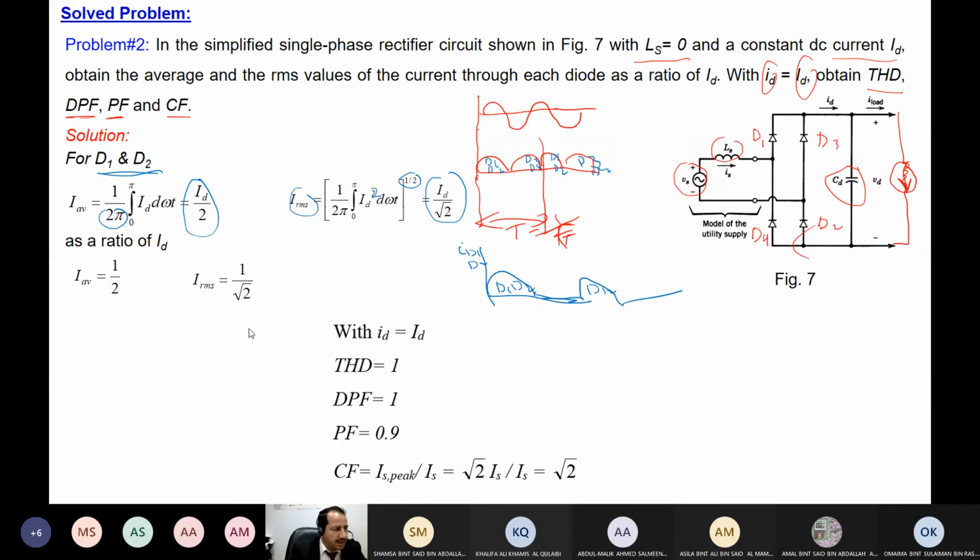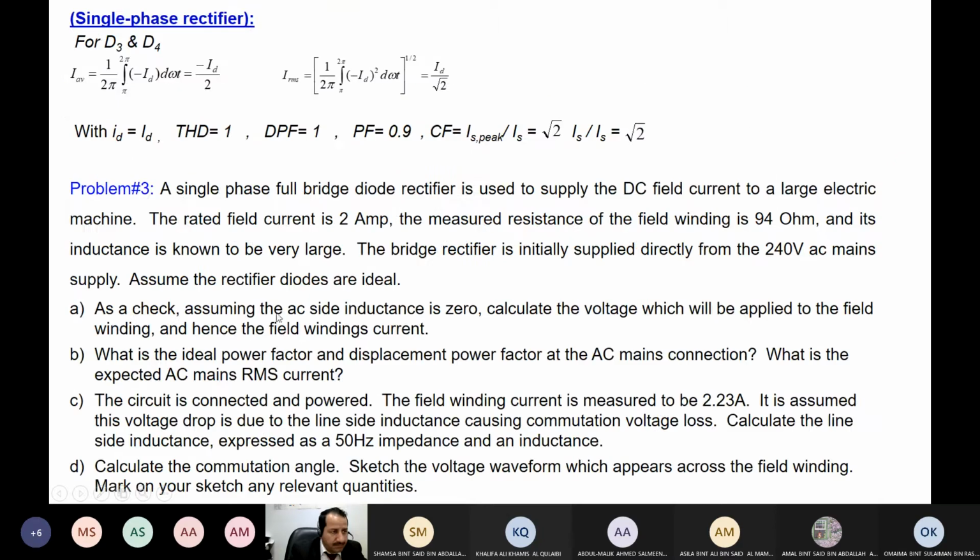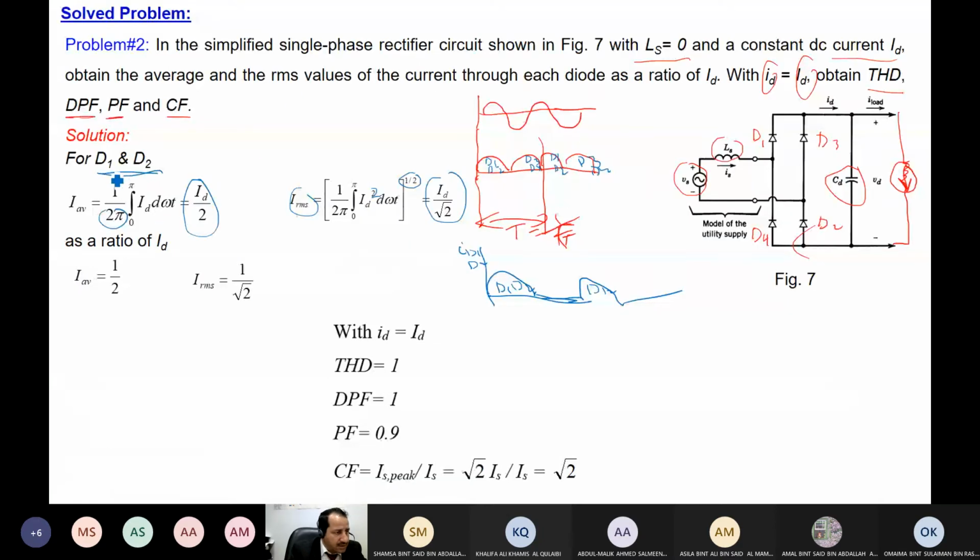So I will say, okay, D1 and D2, as you can see here, for one period is this part, as I say, the positive pulse only conducting. So from 0 to pi, there is current. From pi to 2 pi, 0 current.